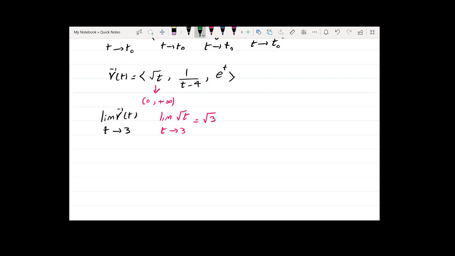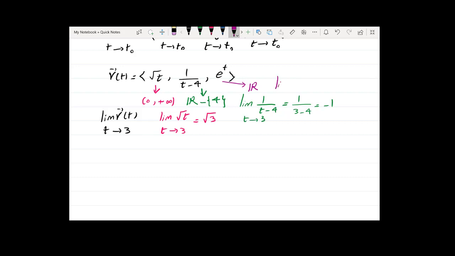The second component, as you know, 1 over t minus 4 is continuous at all real numbers except 4. So the limit of this function when t approaches 3 exists and is equal 1 over 3 minus 4, which is equal negative 1. And the third component, e to the t, is continuous at all real numbers.